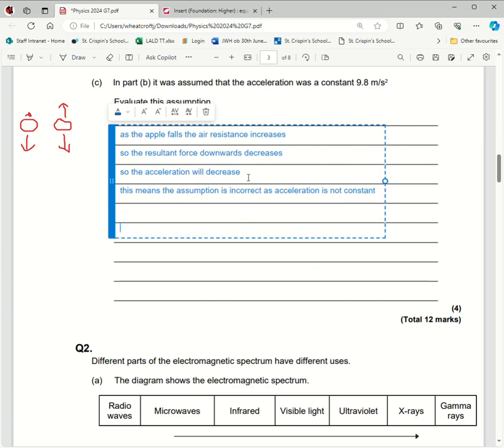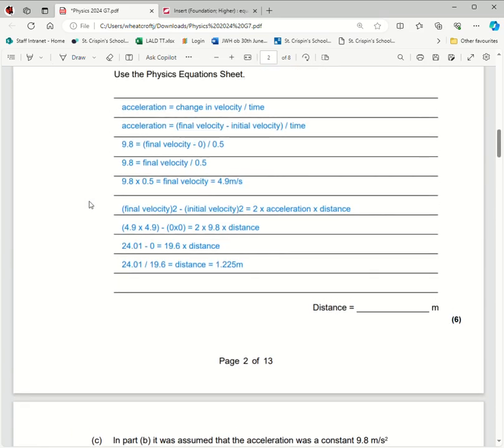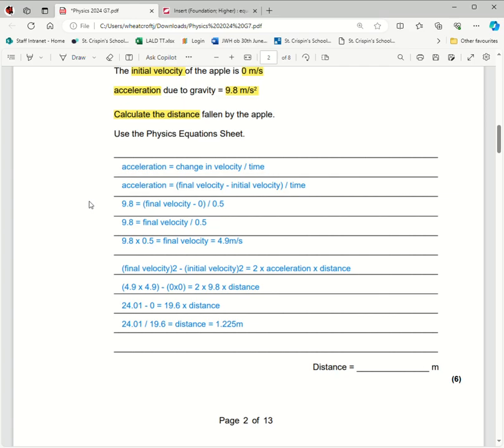So that's the first way you can think about it, is you can argue the reasons as to why it's not correct. The other way you can do it is you can argue that it is correct. And this requires us to momentarily look back at our answer to part B as to what the distance was that the apple fell. Now this apple fell only 1.2 meters. That is not very far.